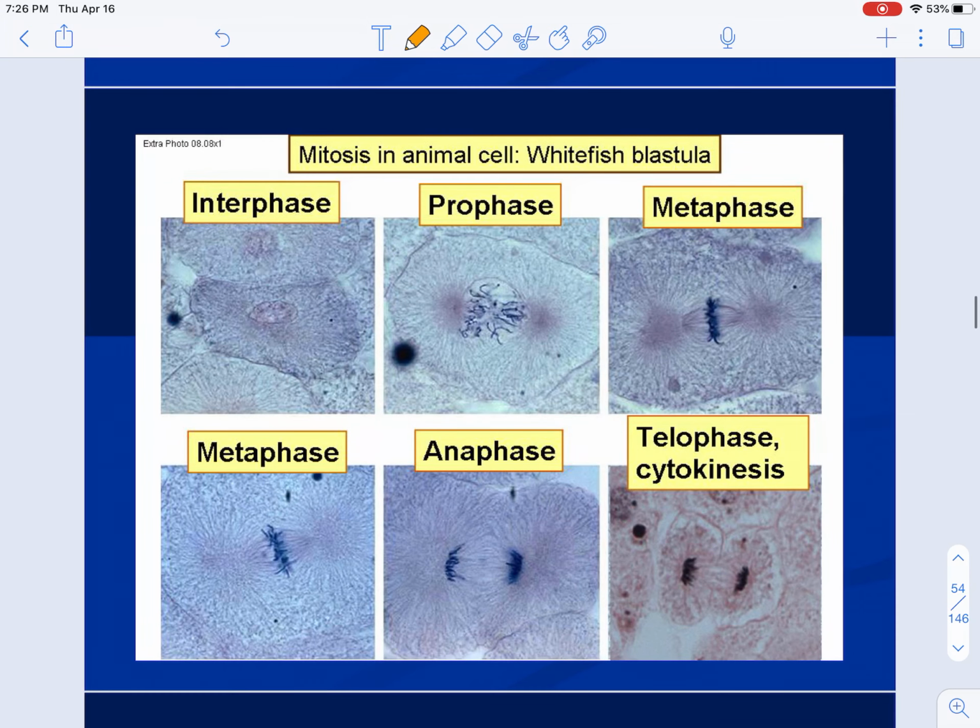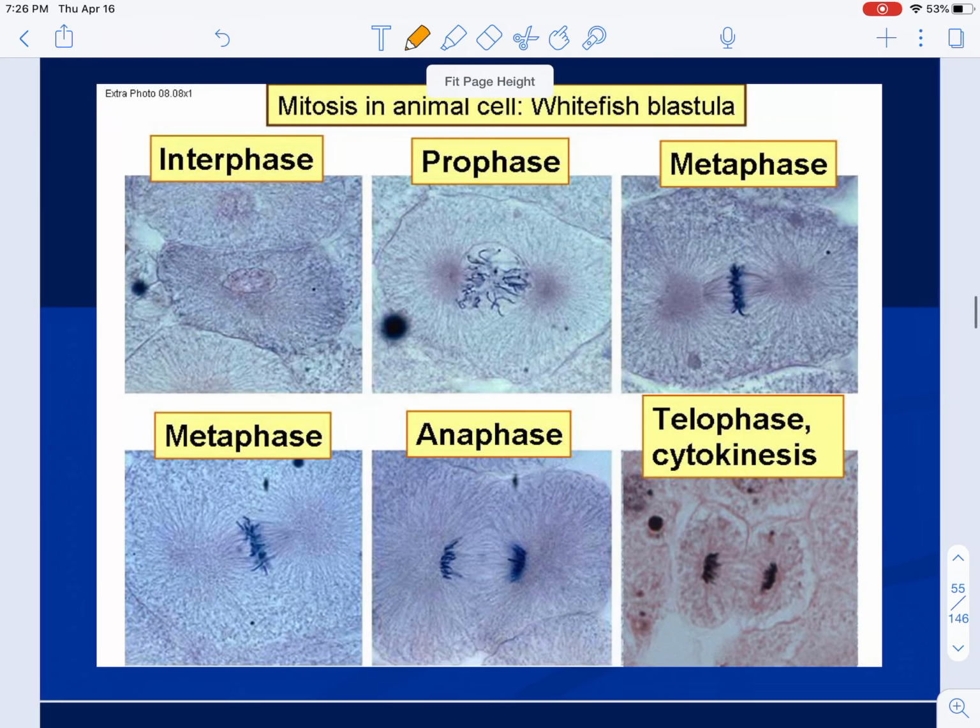In our lab, we would have seen the whitefish slides under the microscope, and this is basically images of what you would have seen. Interphase, you don't see the chromosomes being dark, but in prophase you do see the chromosomes because they chunk up into those X shapes.